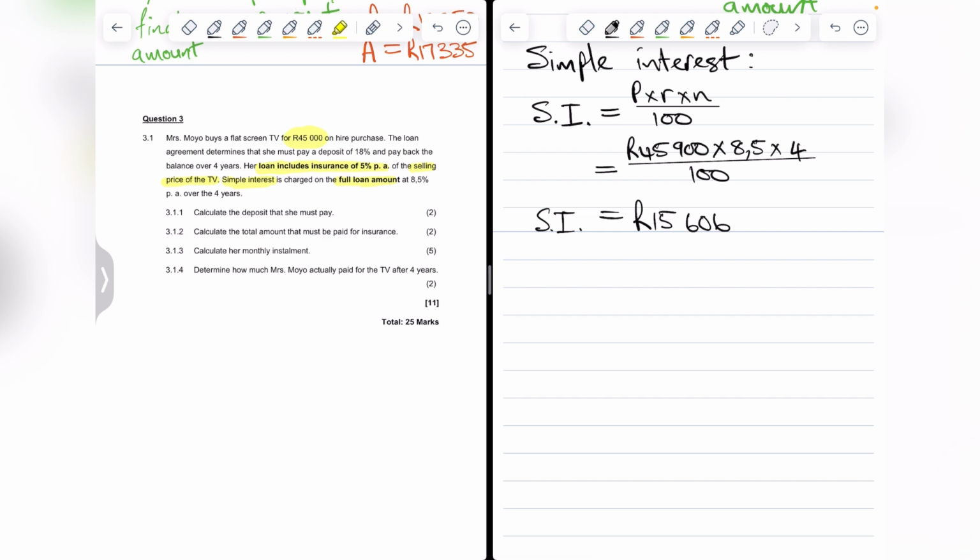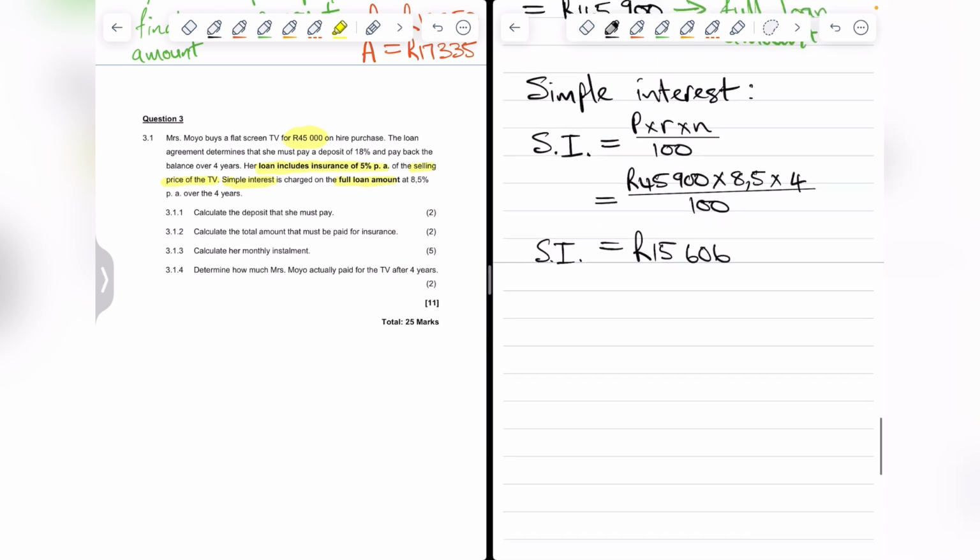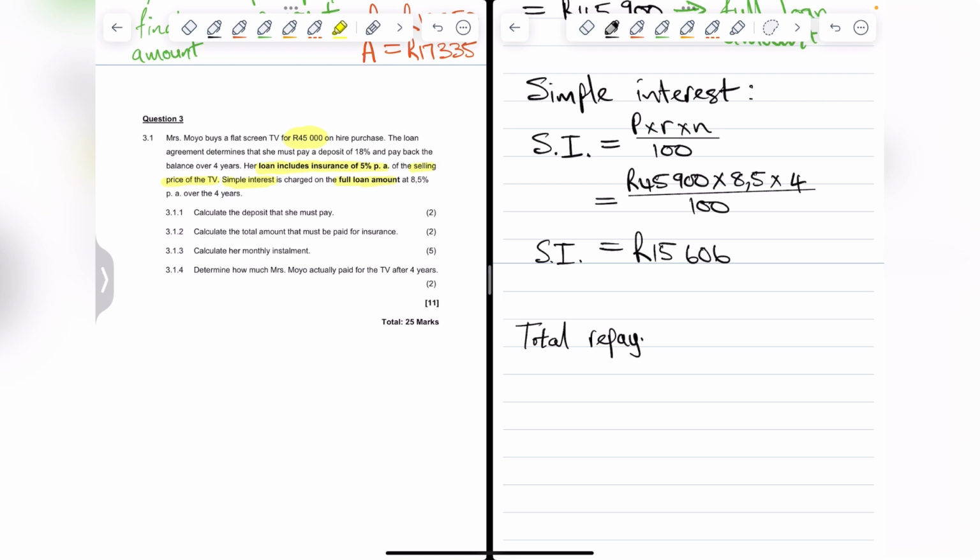And we are still working towards the monthly installment. So I can now add my 45,900, so total repayment amount. In other words, what is she going to pay back on the loan?